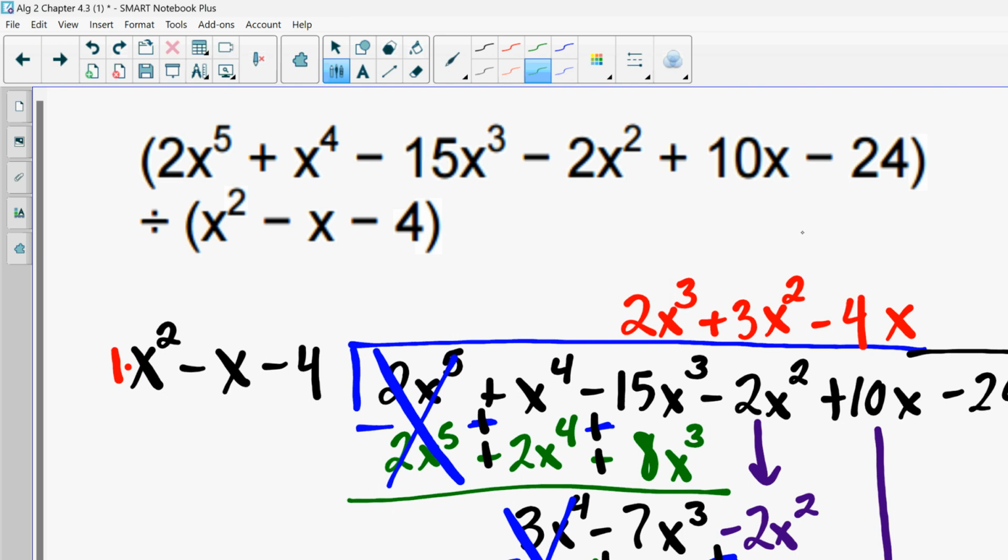And we distribute this here. Negative 4x times x squared is negative 4x cubed. Negative 4x times negative x is plus 4x squared. And negative 4x times negative 4 is plus 16x.